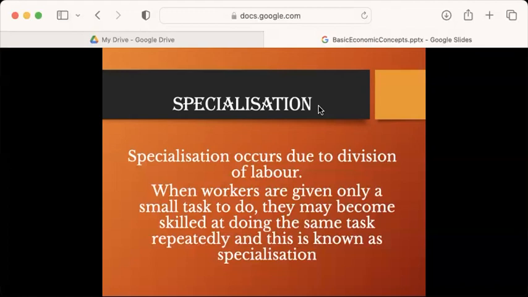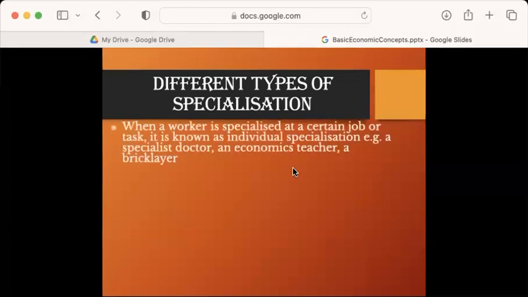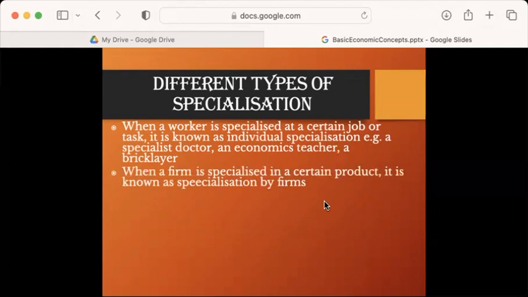This is when a business specializes in something. Now, let's say, for example, in some countries, like in India, Bajaj is very famous for motorbikes and auto parts. So that is an example of specialization by firms.